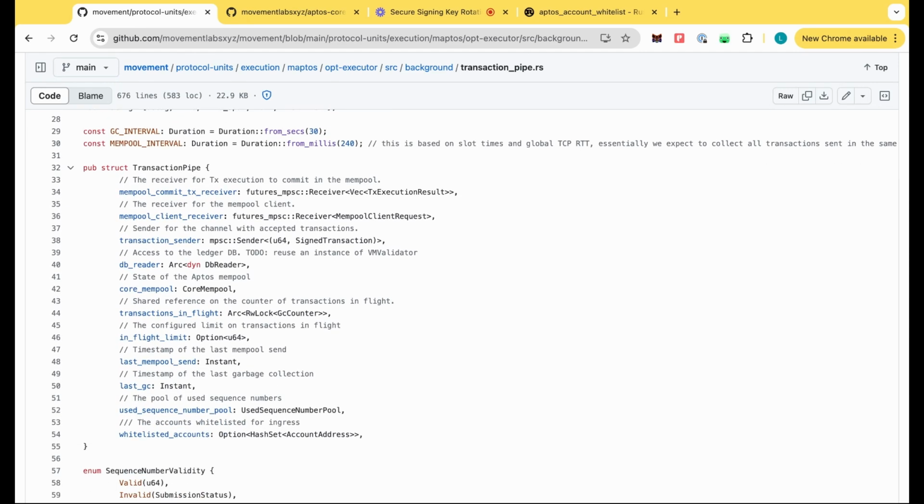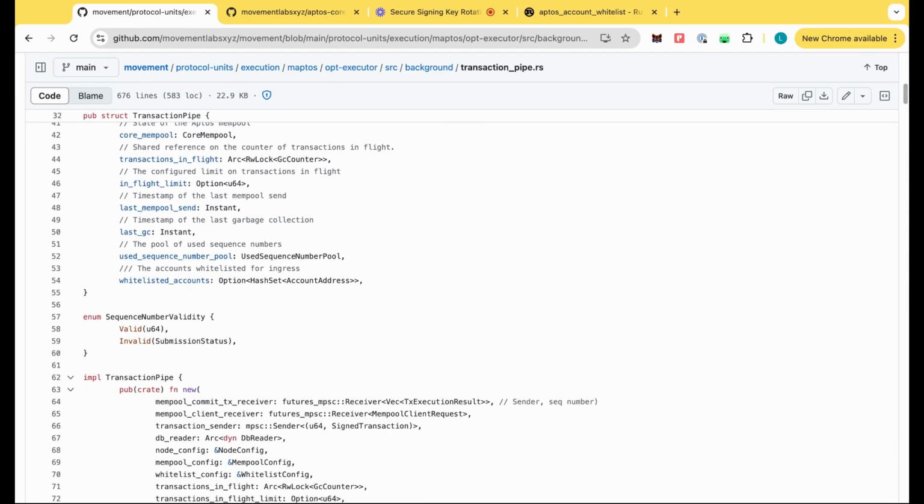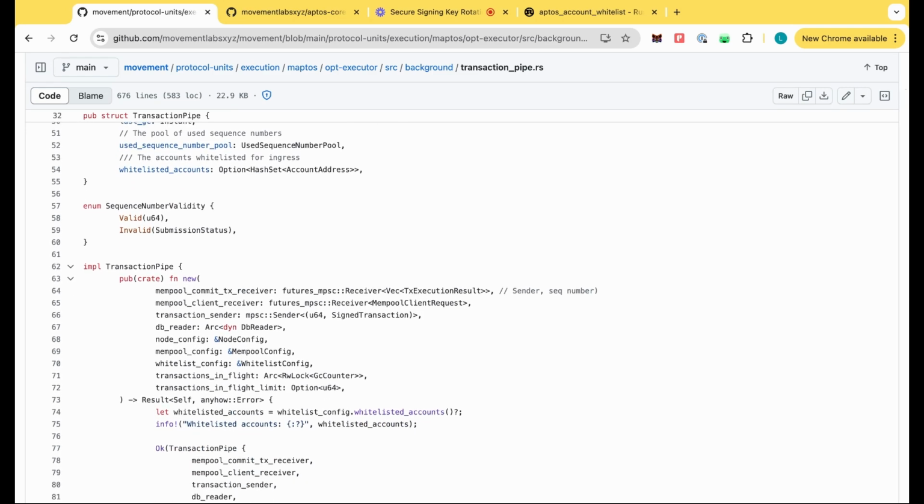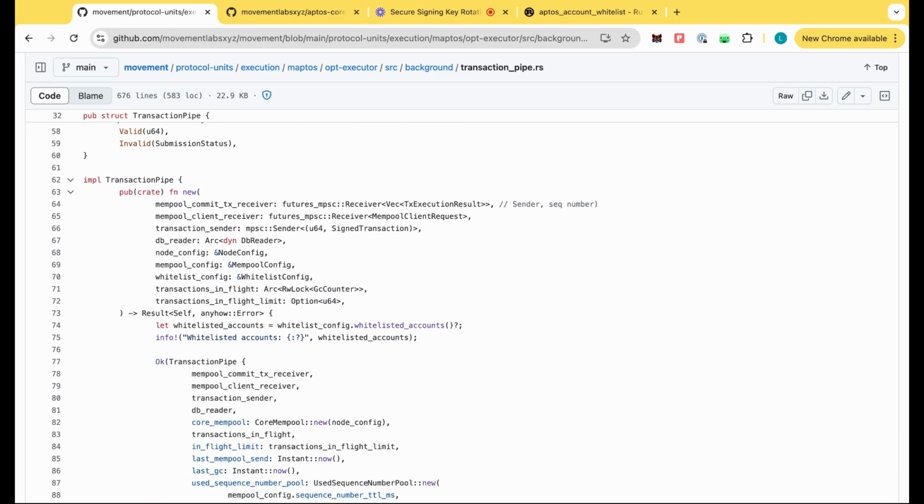It's very easy to mess up the implementation of how we're piping transactions onto our separate sequencer process, such that somebody can slip in a bunch of transactions that won't pay gas, or we overdo it, and then users can't actually get their transactions in. So this transaction pipe module and the associated background tasks that it's essentially defining are really good things to look at.